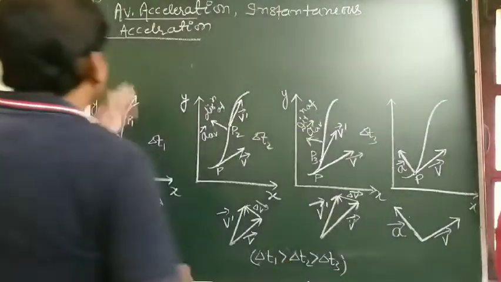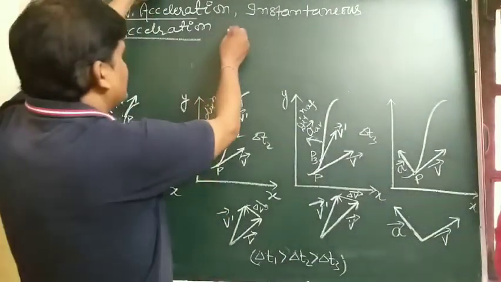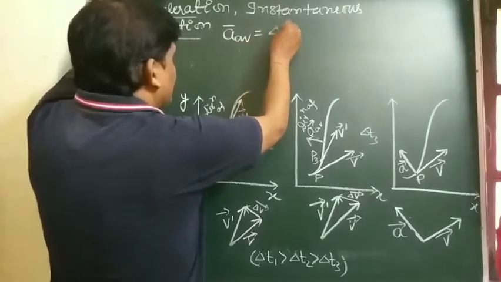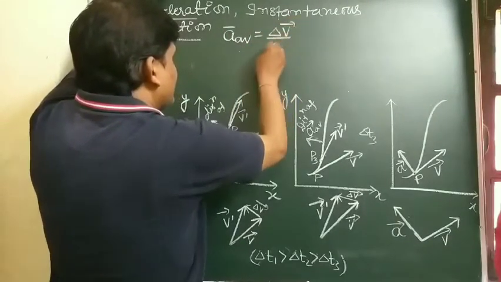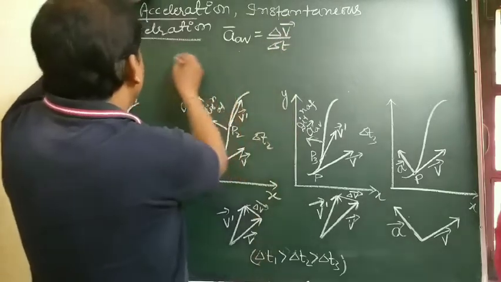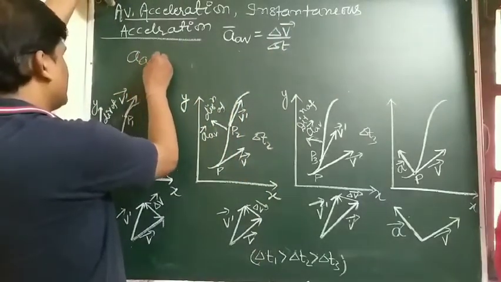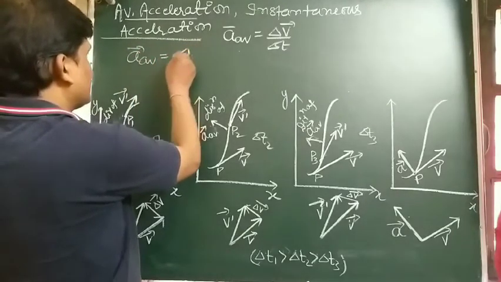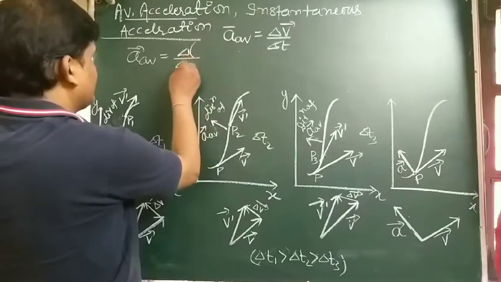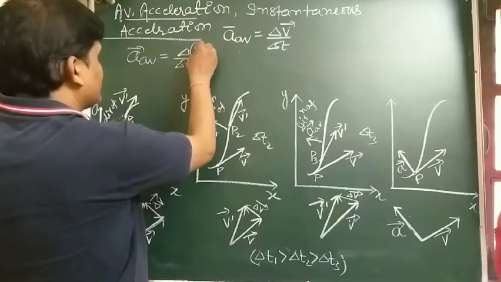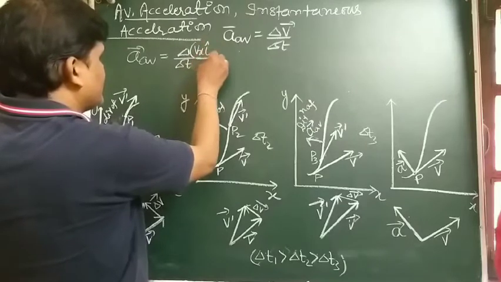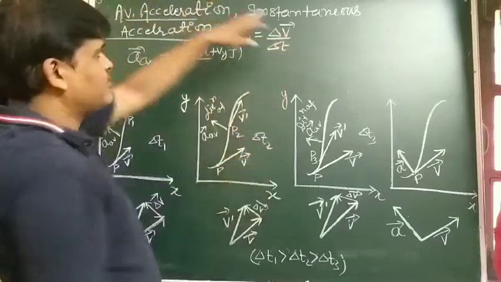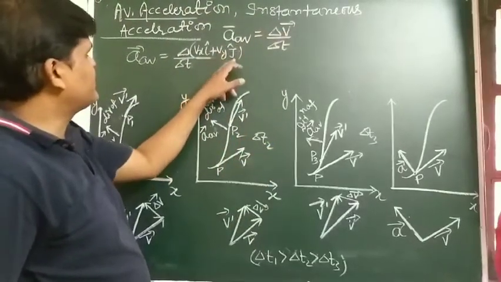You know that average acceleration is written as delta v by delta t, and delta v I have already calculated, and it is written as Vx i cap plus Vy j cap, because I have already calculated vector v equal to Vx i cap plus Vy j cap.